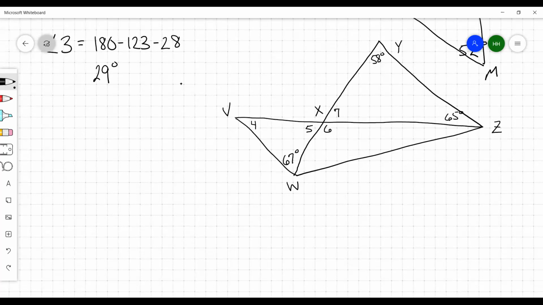Down here in the bottom left, we got an angle numbered 8, and to the right, an angle numbered 9. And we've got arc marks here and here. So, don't freak out.